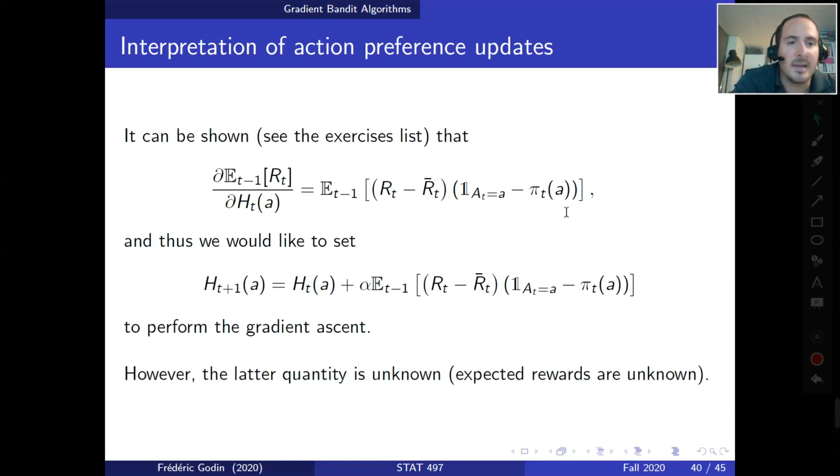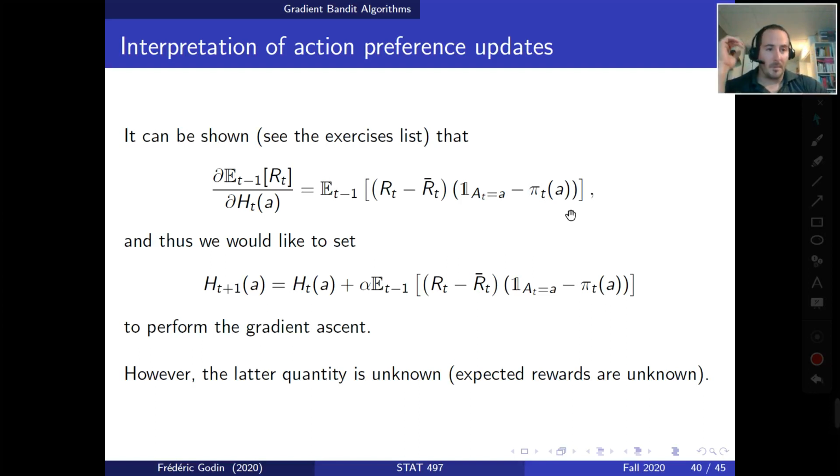Okay, so this indicator, which is 1 if action A is selected at the next step, minus the probability π_t associated with action A.